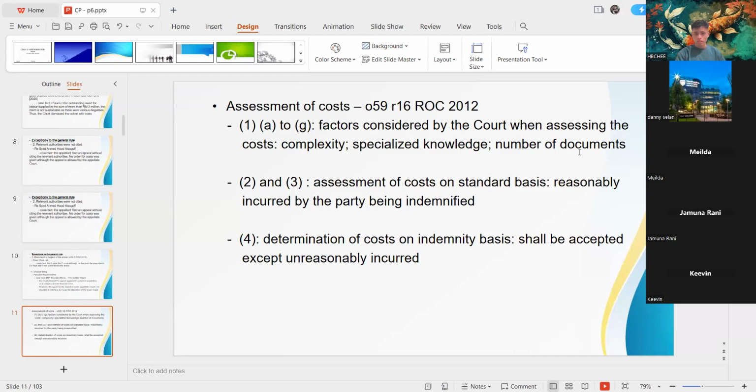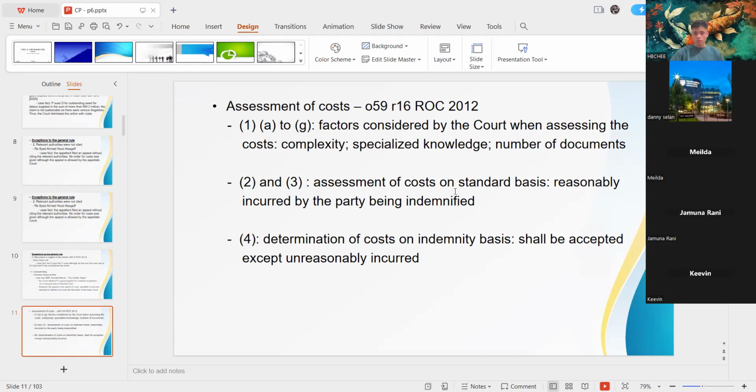The second thing is sub-rule 2 and sub-rule 3. Assessment of cost on the standard basis is what is reasonably incurred by the party being indemnified, so that it wouldn't give you a very unreasonable amount, like, oh, it's supposed to be this, but I bill extra cost for the indemnified purpose.